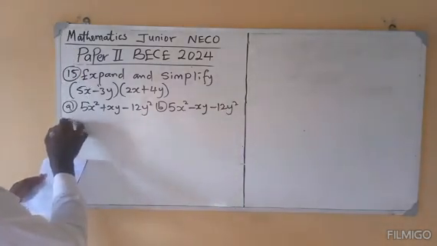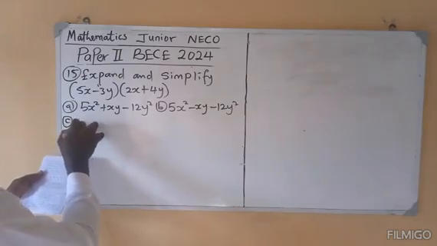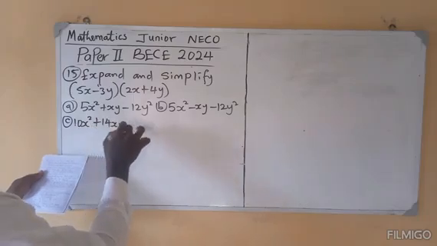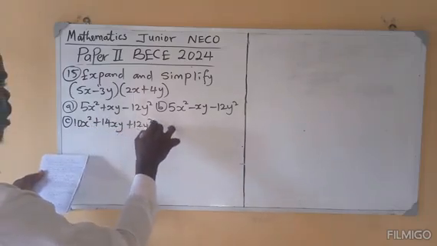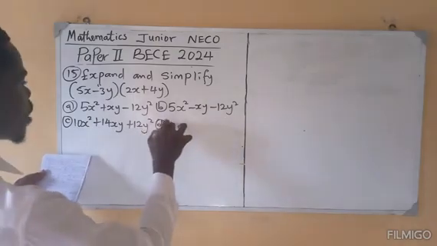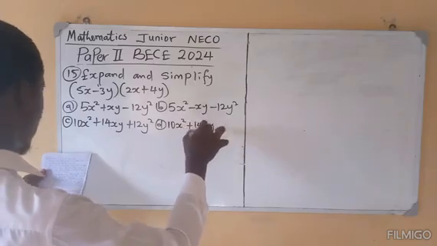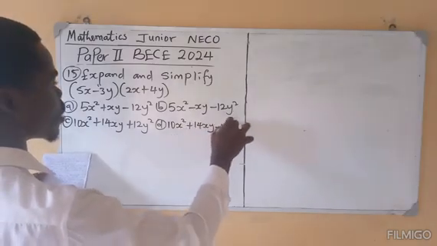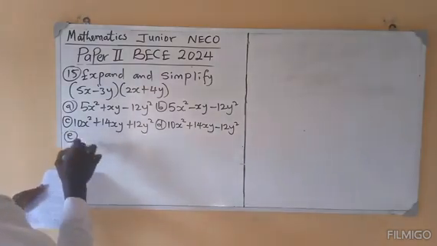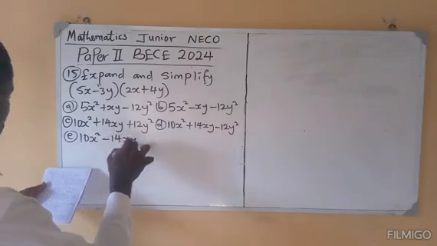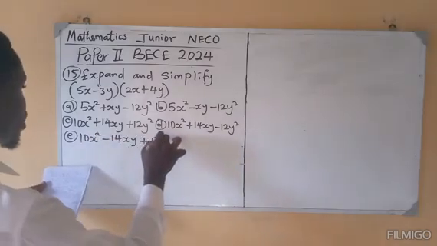C, 10x squared plus 14xy plus 12y squared. D, 10x squared plus 14xy minus 12y squared. And then the last option, E, 10x squared minus 14xy plus 12y squared.